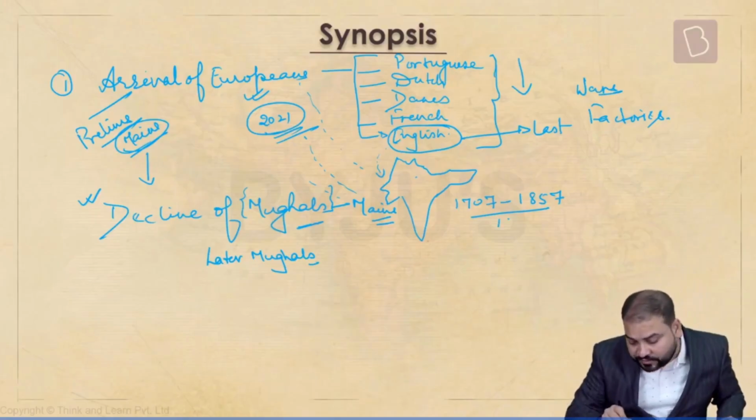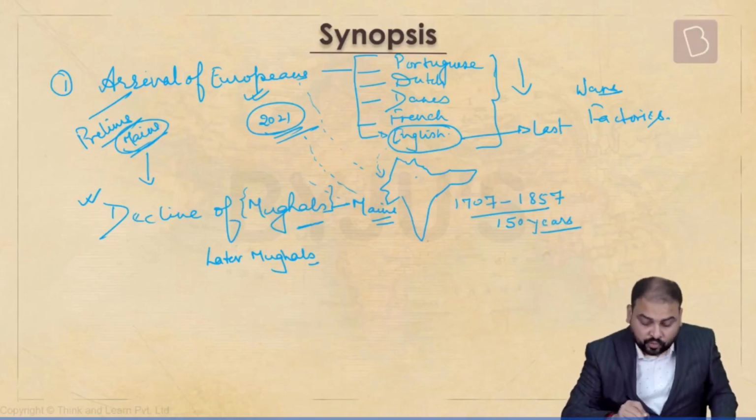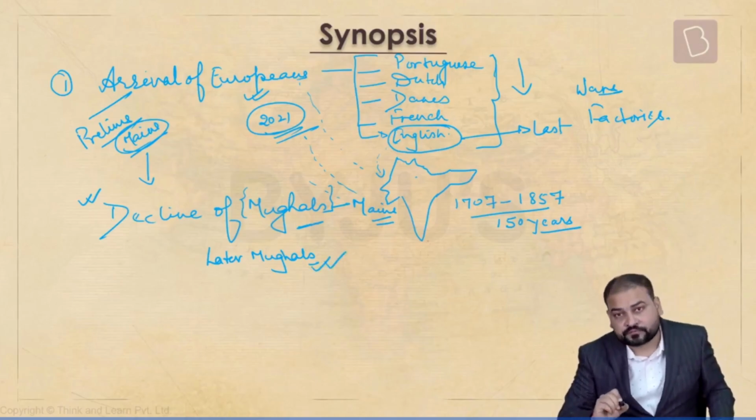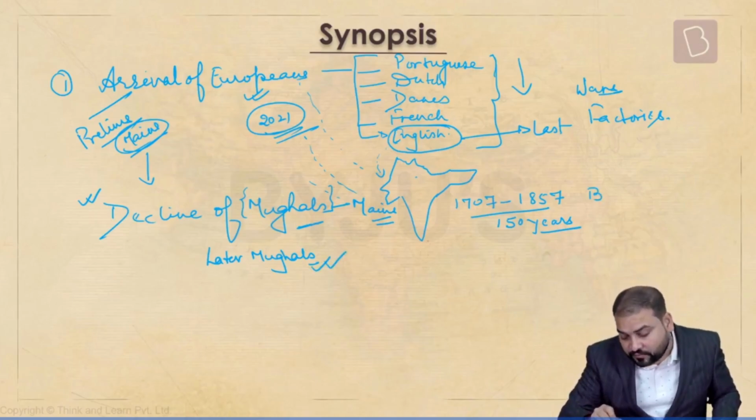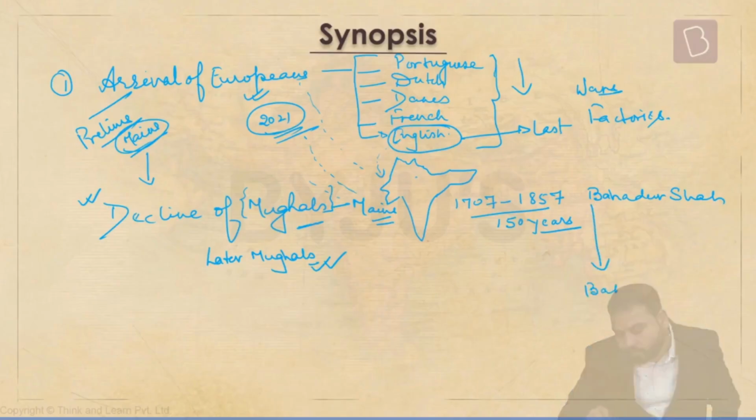But in these 150 years, please understand, the Mughals had many rulers, starting from Bahadur Shah to Bahadur Shah Zafar.